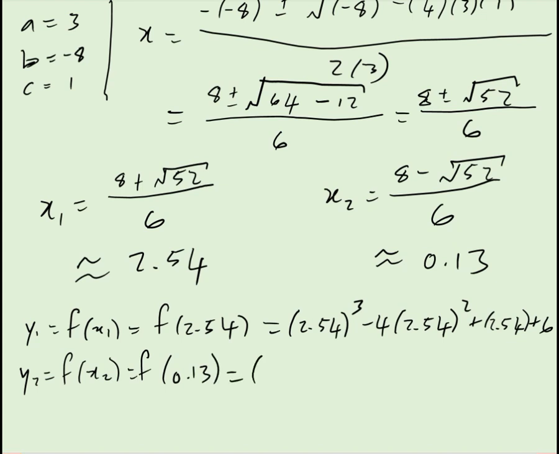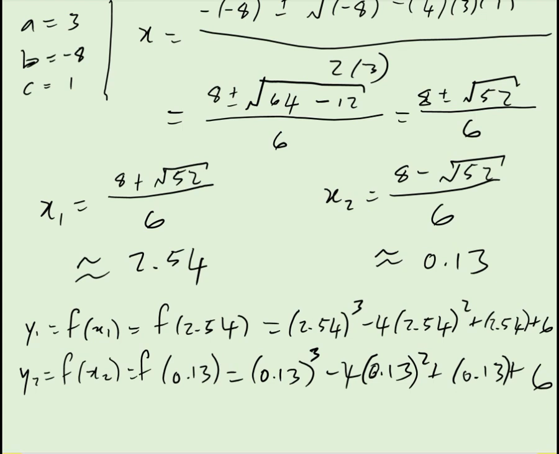And then similarly, of course, we're going to have to use a calculator here, so 0.13 cubed minus 4 times 0.13 squared plus 0.13 plus 6.